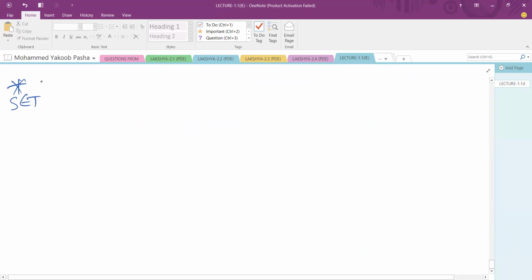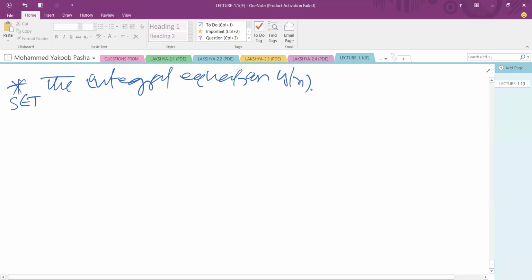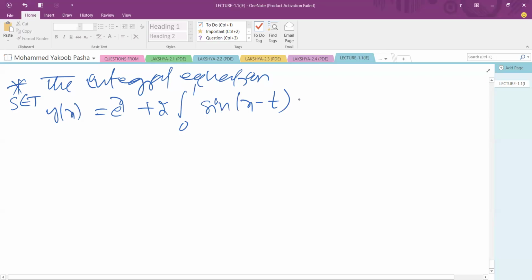Taking another question from the set, the integral equation: y of x is equal to e to the power of x plus 2 times the integral from 0 to 1 of sin(x minus t) y of t dt.